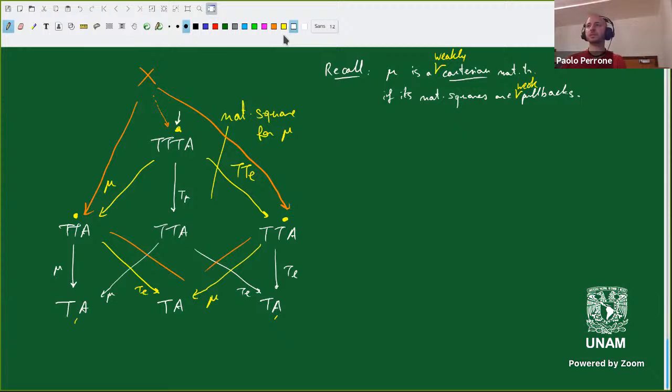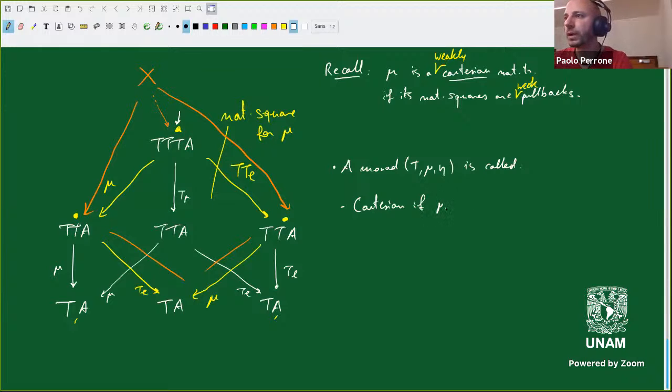And let's give an additional definition. A monad is called Cartesian if mu and eta are Cartesian and T preserves pullbacks.